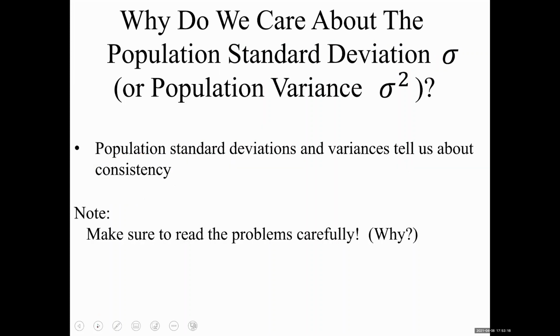And then this last little part here says, make sure to read the problems carefully. This is a more important comment in chapter 10, but it's important in chapter 9 as well, and chapter 8. So as far as your exam goes, read the problems carefully, because the number one biggest mistake that I see from students is I'll give them a certain type of problem, and the student will think it's a different type of problem.